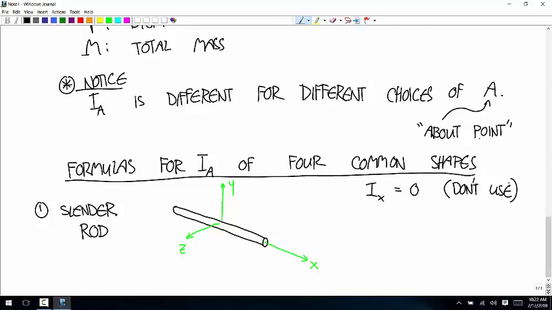It doesn't make any sense. The 2 you would use are rotations about the y and rotations about the z, and those are both the same. And those are 1/12 times the mass times the length squared. So the length is what you would think it would be.